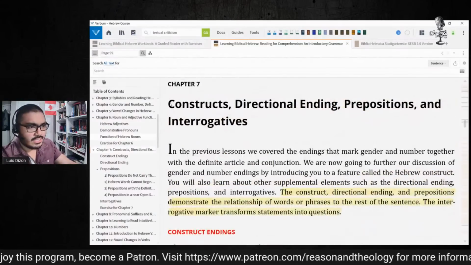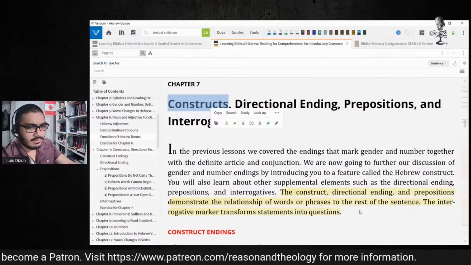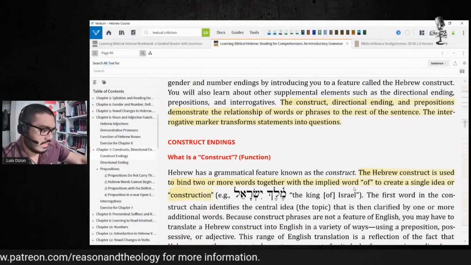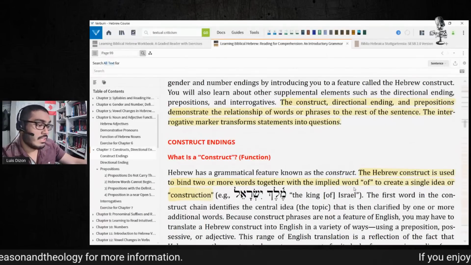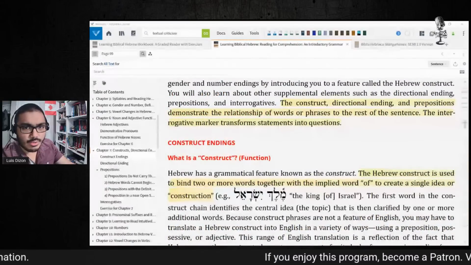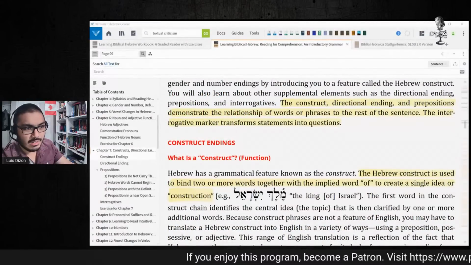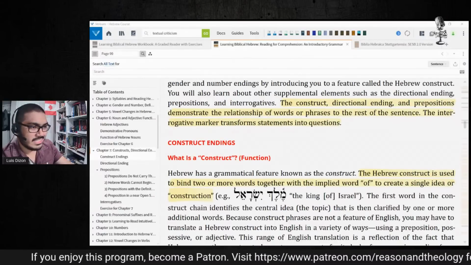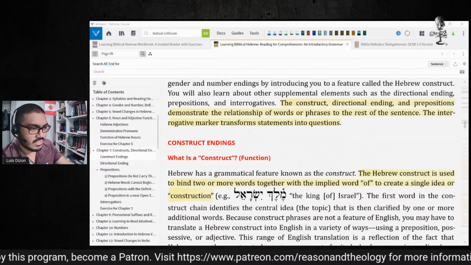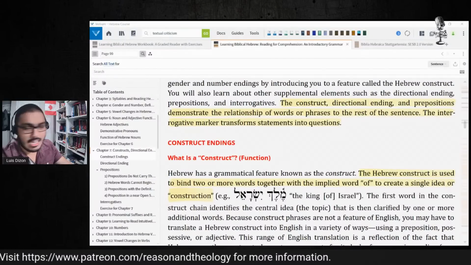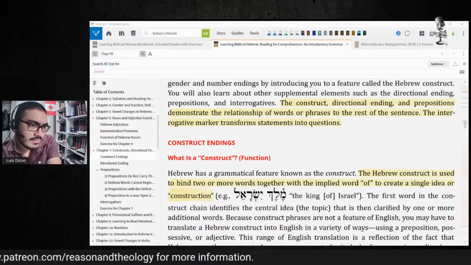So a construct is what we would roughly call in grammar a genitive form. Those of you who've taken Greek or Latin will be familiar with the various noun cases. So you have nominative, accusative, genitive, dative, or in Latin, the ablative.